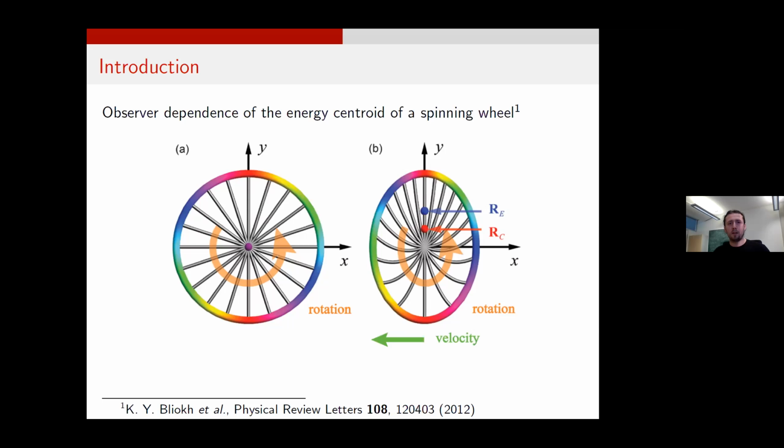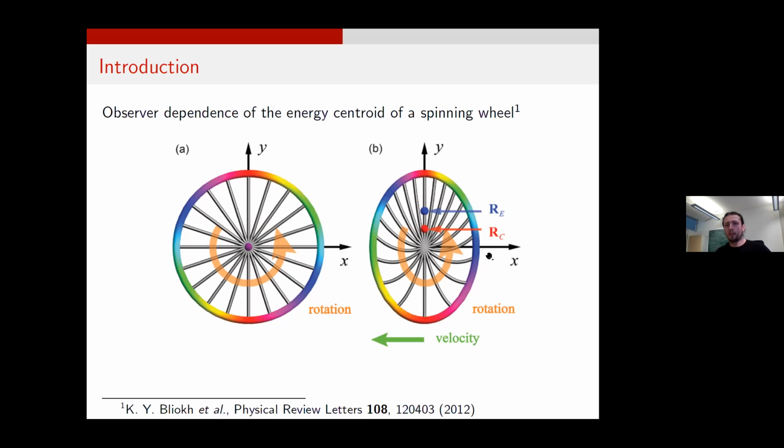So for example, here I'm considering a spinning wheel, which is located in the XY plane, and the angular momentum is directed along the Z-axis. And on the left, I have an observer which is at rest with respect to the axis of the wheel. And this is how the observer sees the wheel here on the left. And now, on the other hand, if I boost this observer with some velocity along the x-axis, what the observer will see is presented over here.